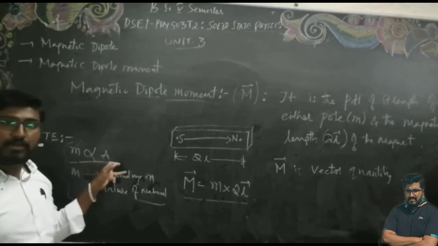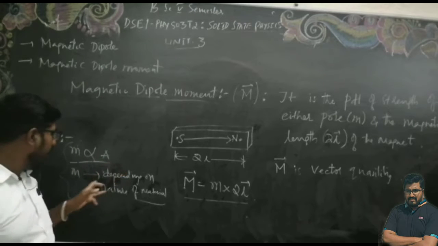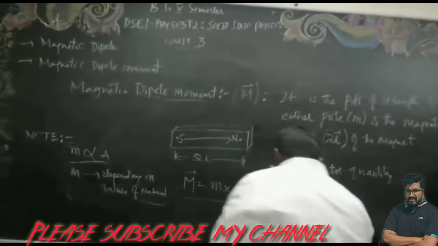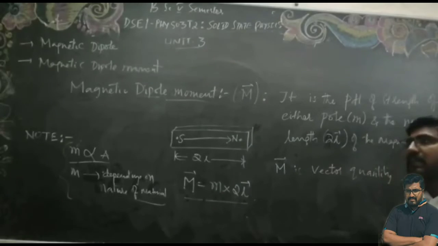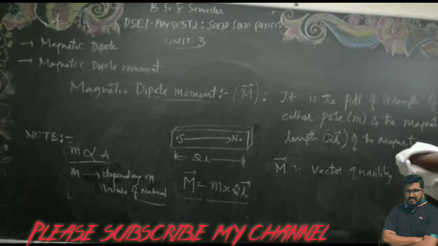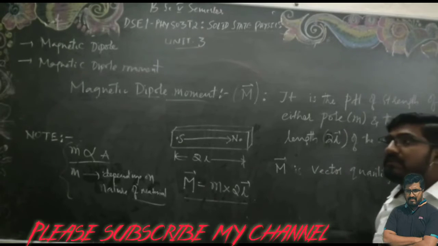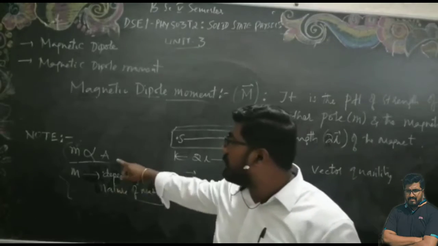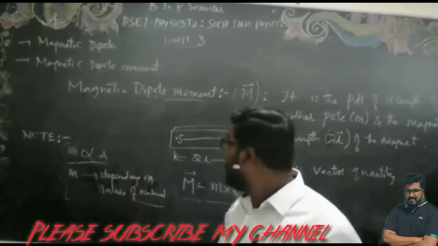It is directly proportional to the cross-sectional area A, and it depends upon the nature of the material. In the case of the magnetic dipole, we are going to learn some special cases, so just remember this.